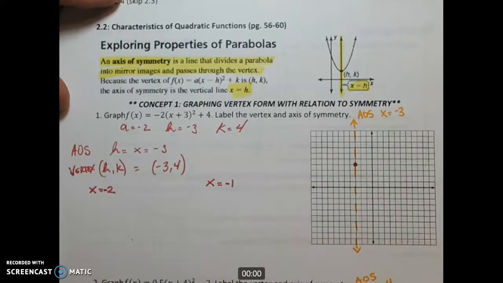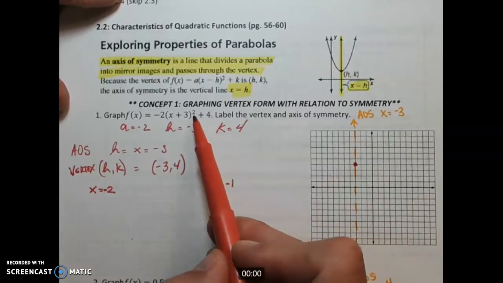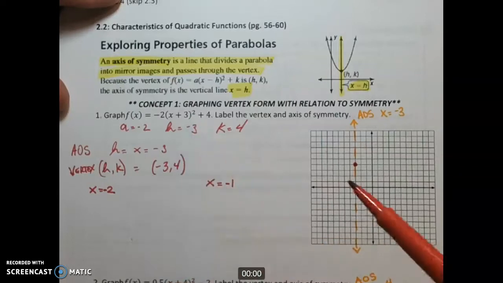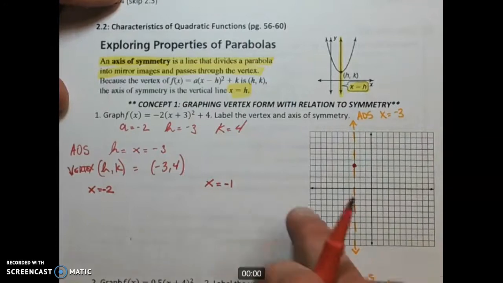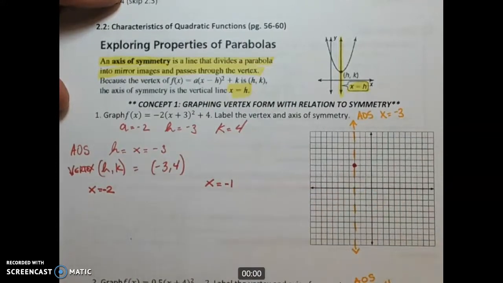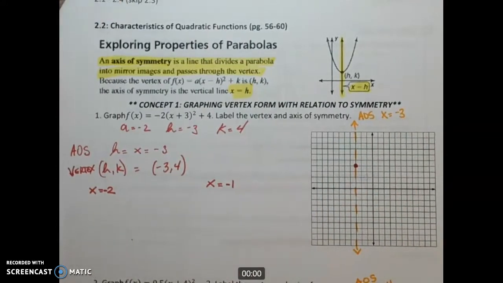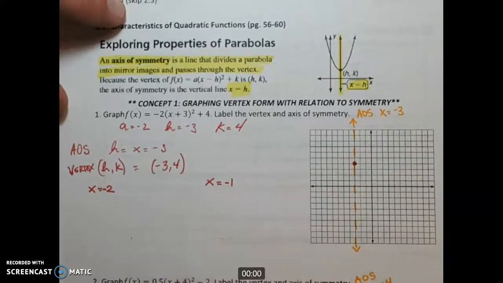Now, the reason I want those 2 points, or the closest points to that axis of symmetry as possible, is we are dealing with quadratics, so everything's a power of 2, which is going to get off your graph really quick. If you choose a point like 5 over here, it's not going to be on your graph. So these will be close to the axis of symmetry, and they should stay on the graph for the most part. This one could be off if you go 2 away from it.